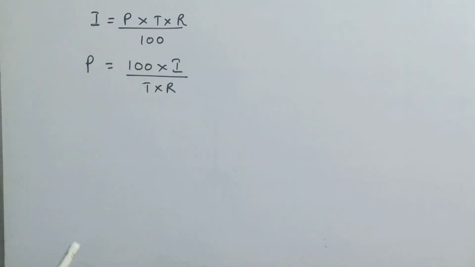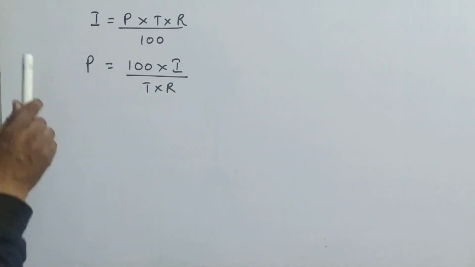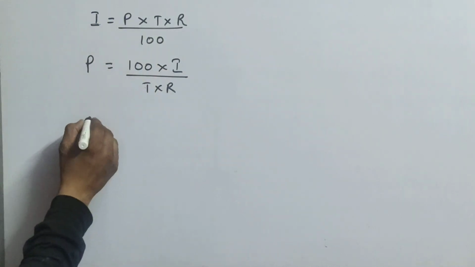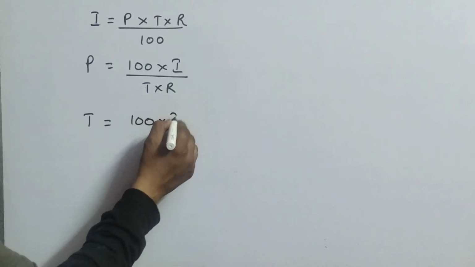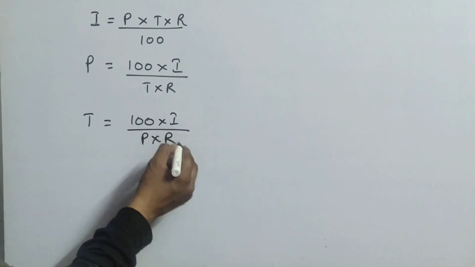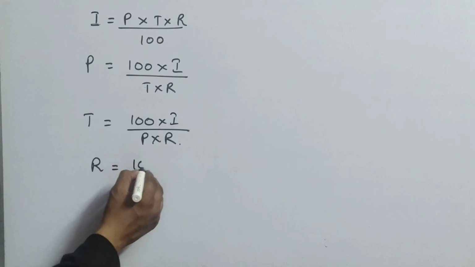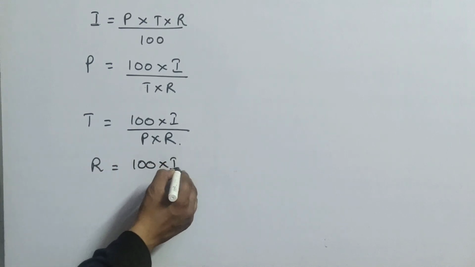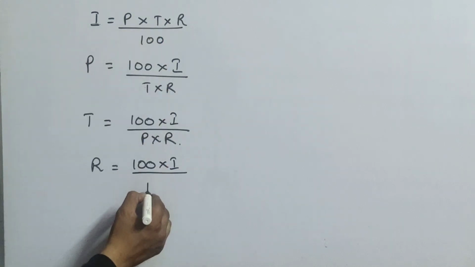Suppose they ask for time, then it is 100 into I by P into R, direct formula. Suppose they ask for R, then 100 into I by, leave R, and the remaining P into T.